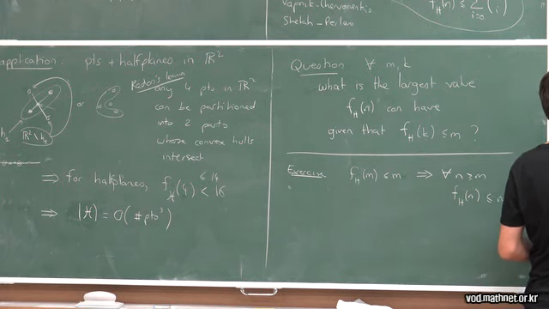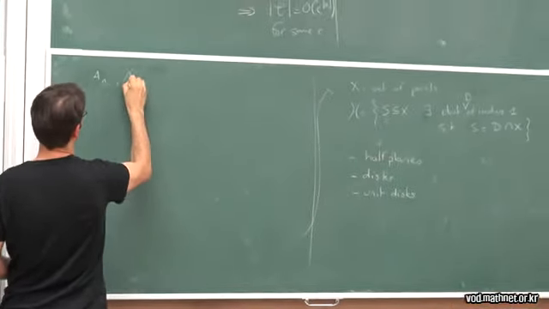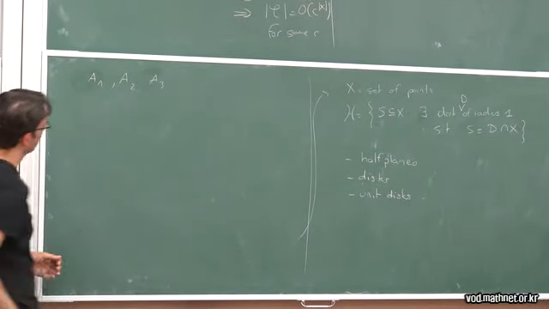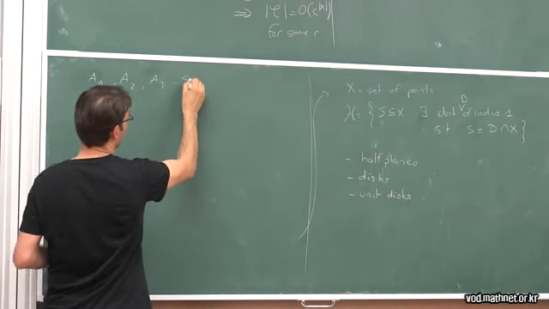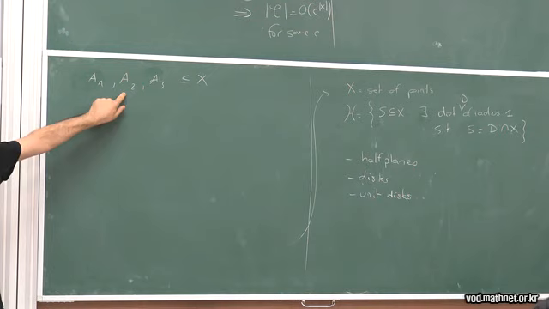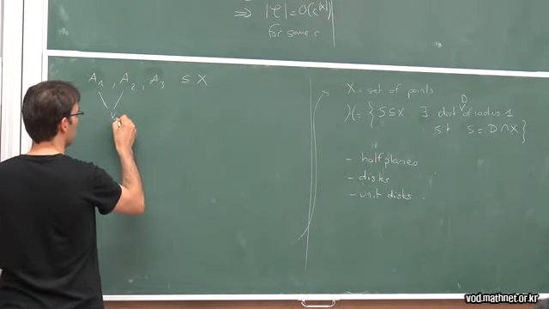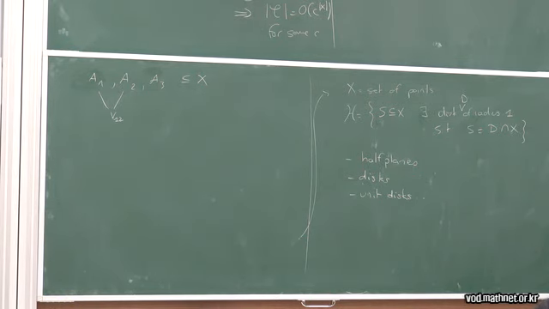So if you have sets A1, A2, A3, they are all subsets of X. If A1 and A2 are different, that means there is a vertex that distinguishes them, that is in one and not in the other. So I take this vertex v1,2 in my trace.